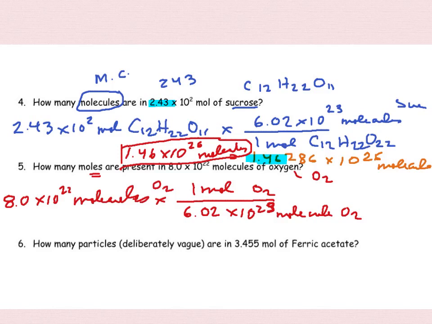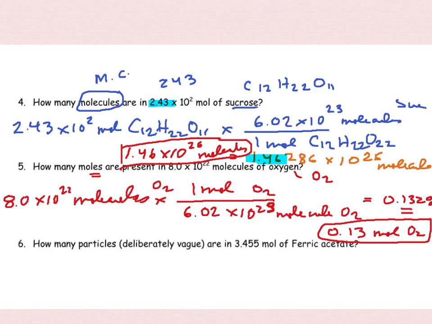The calculator answer is 0.13289, etc. You can only have 2 significant digits, so your final answer is going to be 0.13 moles of oxygen. And that question is complete. It's a one-stepper, and it's a conversion between molecules and moles using Avogadro's number.